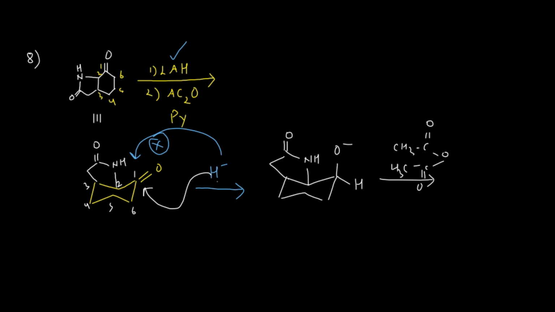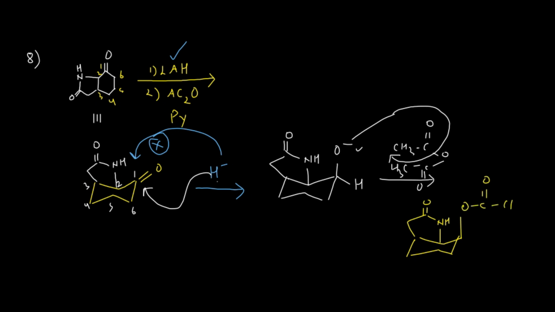So what will happen in that case? This one will be grabbed by this proton. So your product would look like O, C double bond O, CH3, and at the equatorial position you are having the hydrogen. This will be the product.